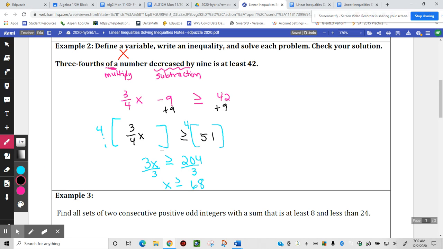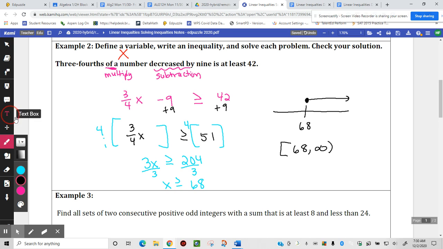But if you're going to type in your answer somewhere, say at the end of this Edpuzzle, and it says write your answer as interval notation, you know on your number line that, here's 68, that it's greater than or equal to 68, so we're going this way. In interval notation, this would be bracket 68. But you are not going to be able to just draw it in like that.